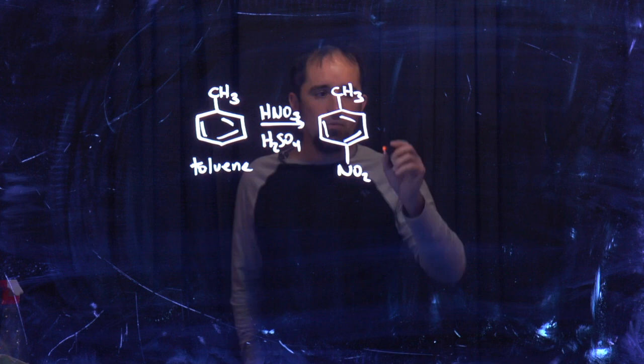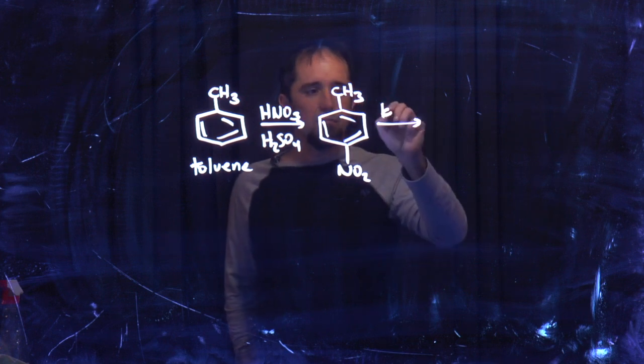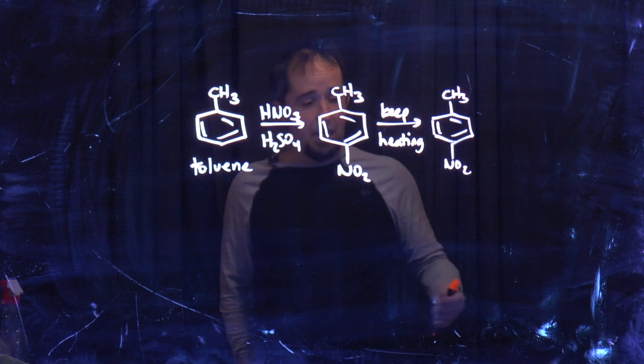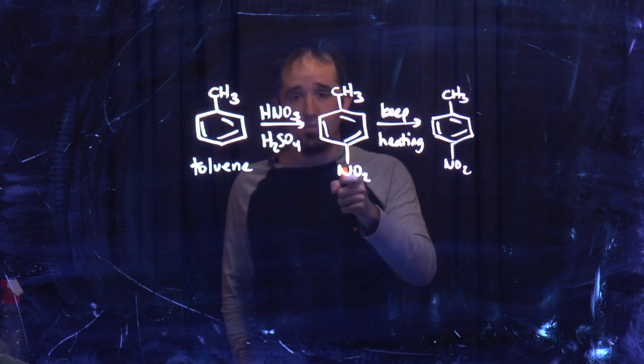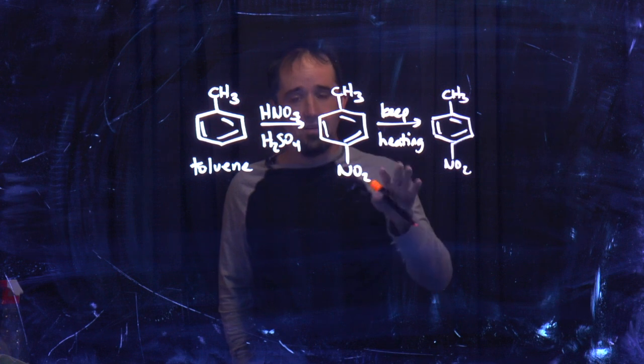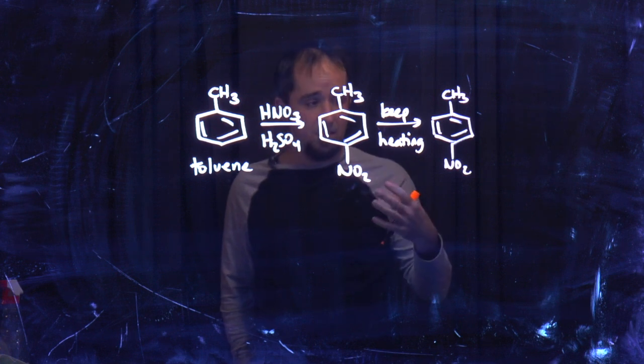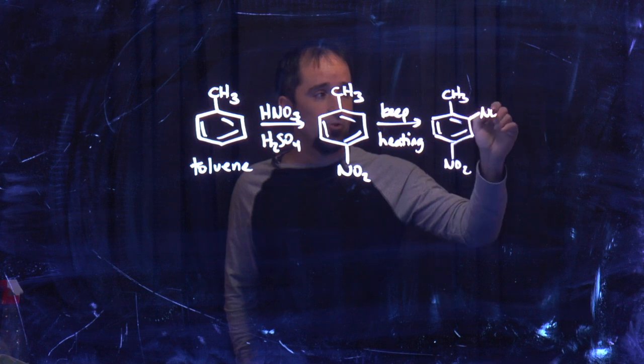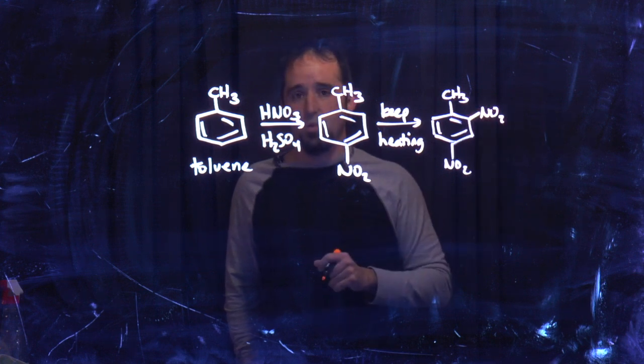Now, if I keep heating it, I'm going to put a second nitro group on here. Now, obviously, this nitro is a withdrawing group. So this is going to make this reaction slower, which is why I need to keep heating it and maybe increase the heat. But I can force a second nitro group onto that. And of course, it's going to be in that ortho position.